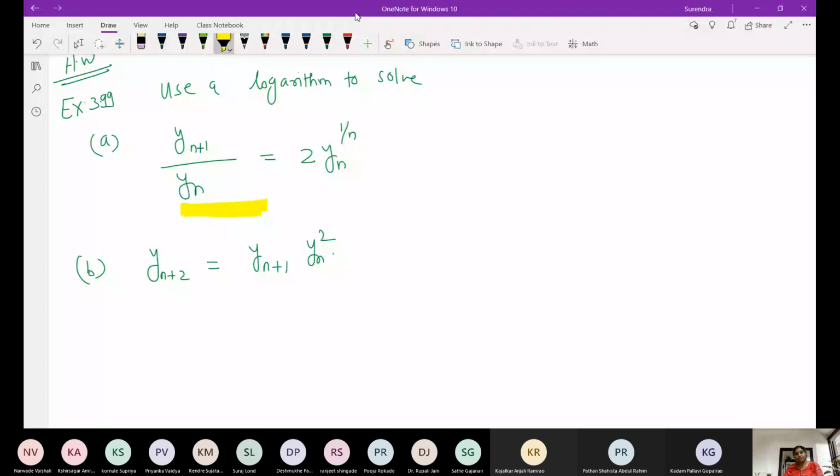Will you try? Yes, ma'am. You have to just take logarithm on both sides and use the substitution z n is equal to log of y n. Okay. Okay, ma'am.